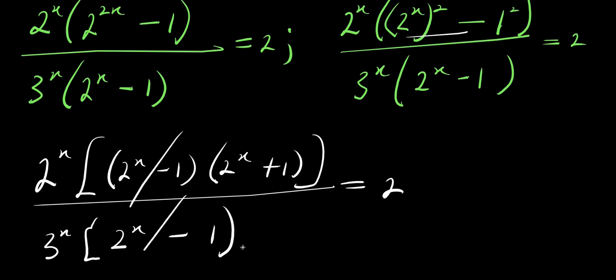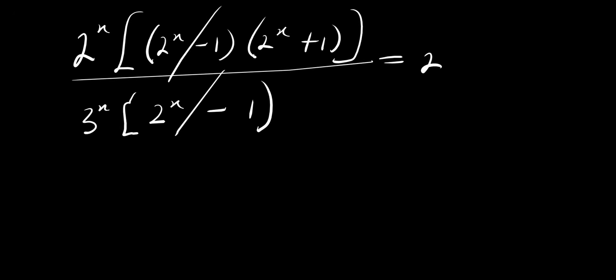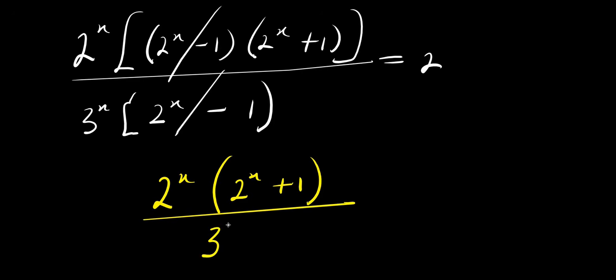So this cancels this. What we are going to have left is simply 2 power x times 2 power x plus 1 divided by 3 power x, and this equals 2.